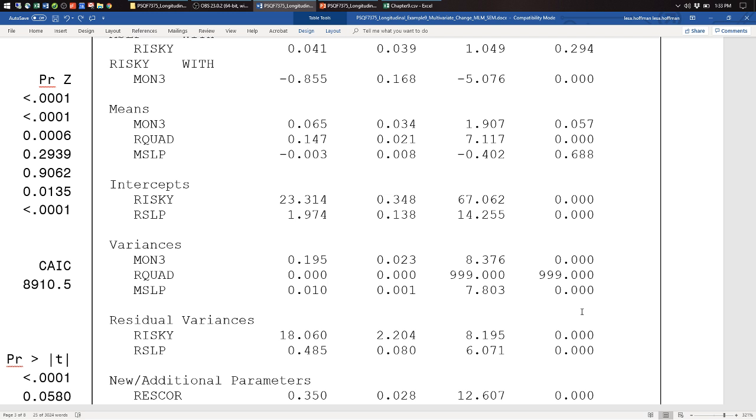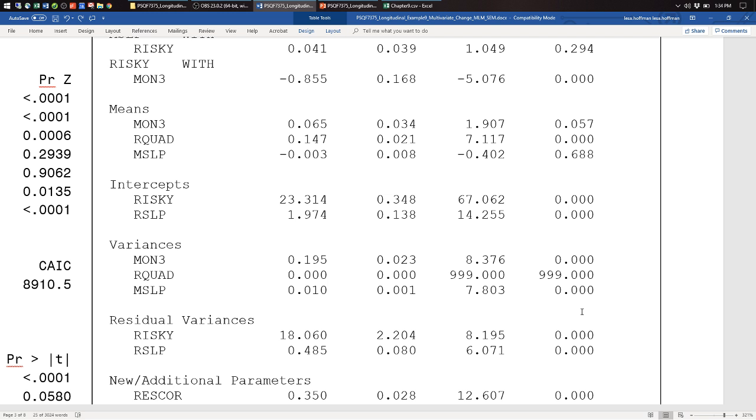This one is the obvious one, risky. That's my fixed intercept. It's under intercept, right? Now what the hell is a risky slope intercept? How can a slope have an intercept?